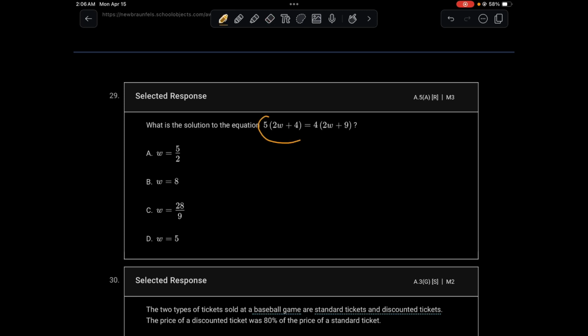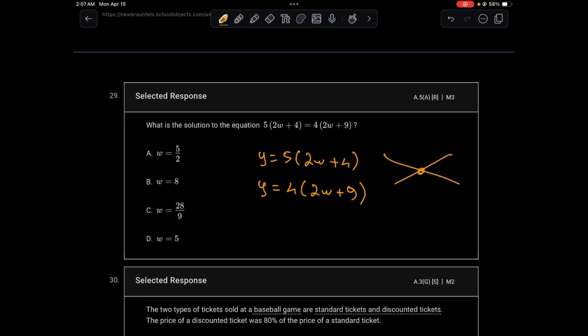To do it with the graphing calculator, you take the left hand side and write it like that: y equals 5 times 2w plus 4. You take the right hand side and write it like that: y equals 4 times 2w plus 9. Each one is going to give you a line, and wherever the lines intersect, that's the solution.